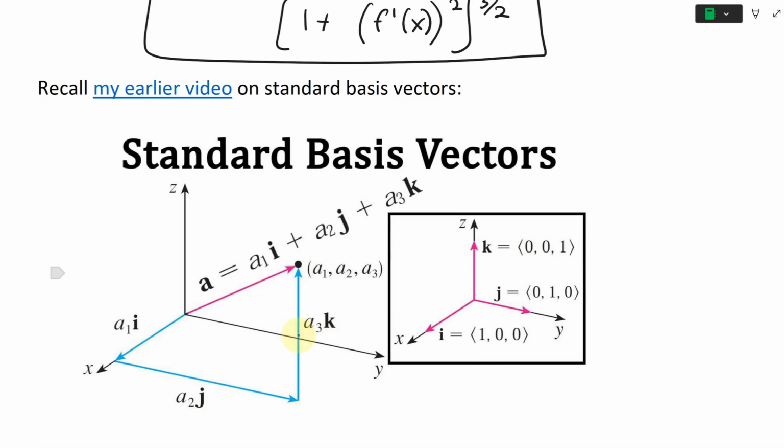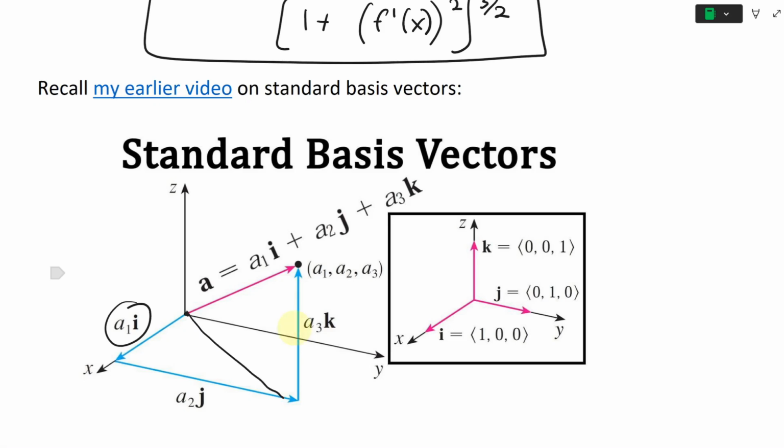When you have a position vector from the origin up to this point a1, a2, a3, you could write its components in the x, y, z triangle bracket, or put them in the standard basis format, indicating they're all vectors. So you're adding up all the vectors together: a1 i plus this.